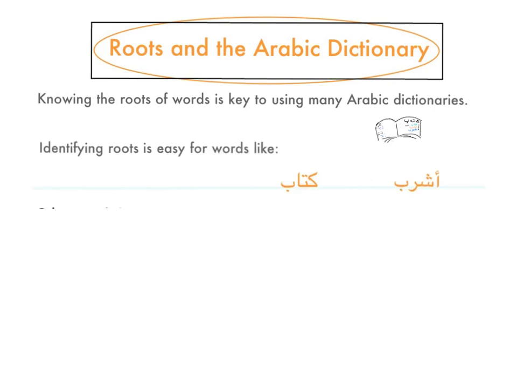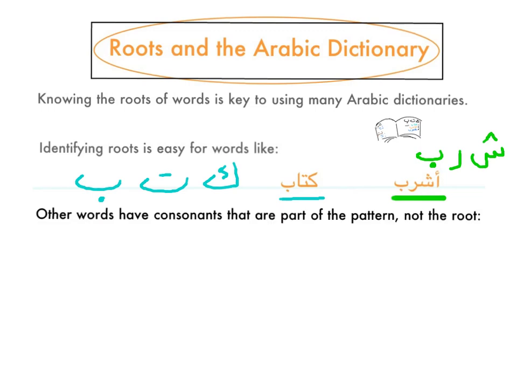Identifying roots is easy for words like ashrab, which the root is sharab, sheen, ra, and ba. And the root for the word kitab is katab, kaf, ta, and ba.